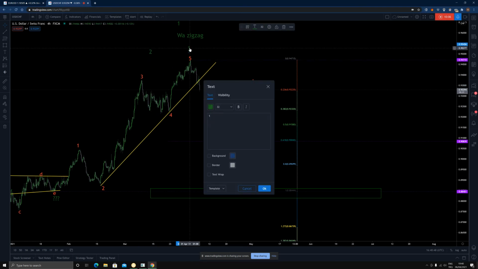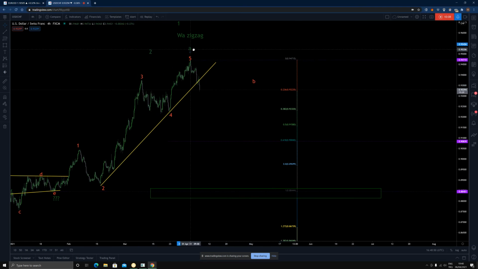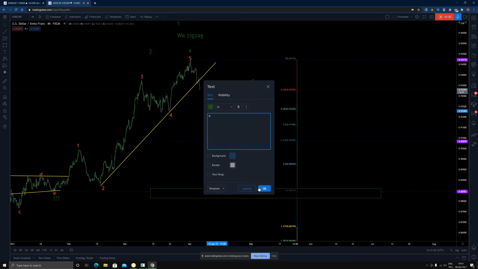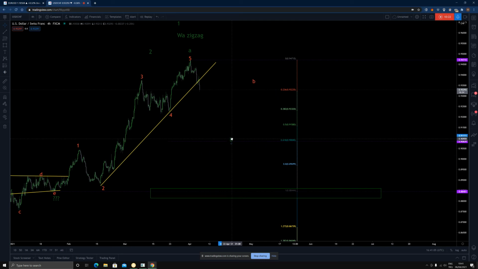But what if this is a wave A? If this is a wave A of a zigzag, now we have a little bit more information. Why? Because if we are in a wave A, we know that the wave B of a zigzag is a corrective move, just like the second wave, but it cannot end below 618. Some part of it can go, but it is very rare that that happens.